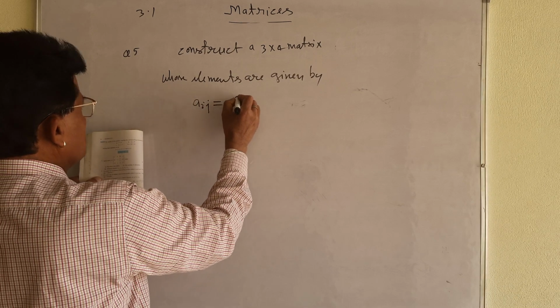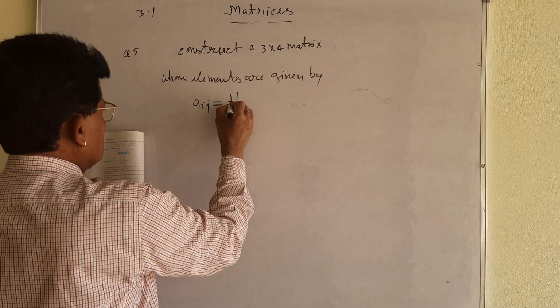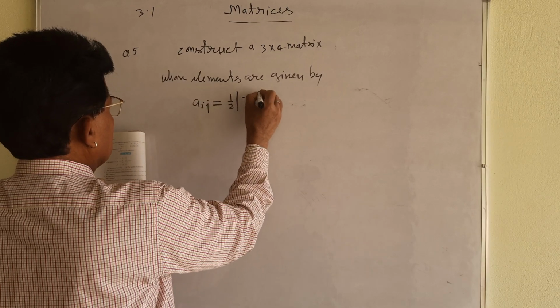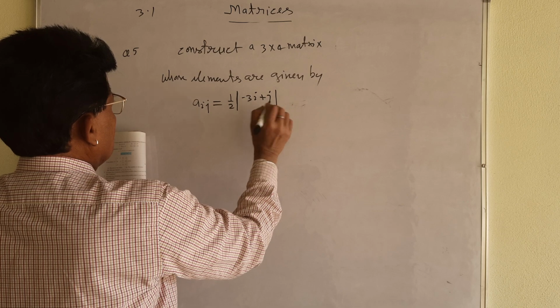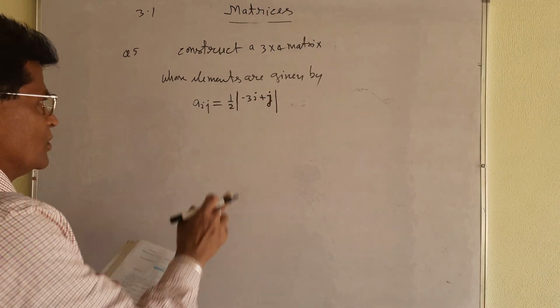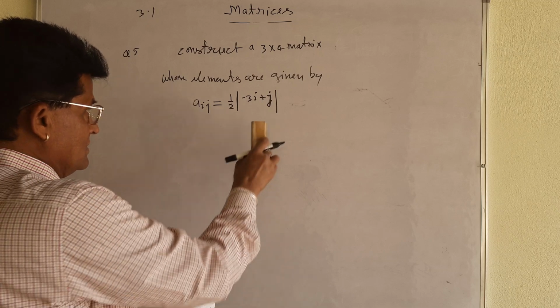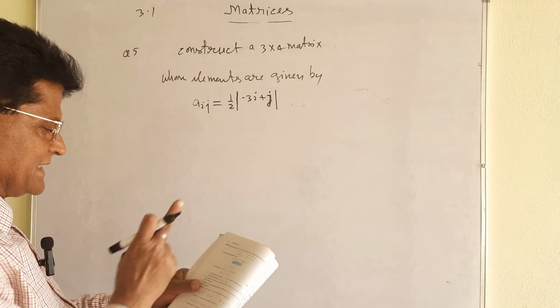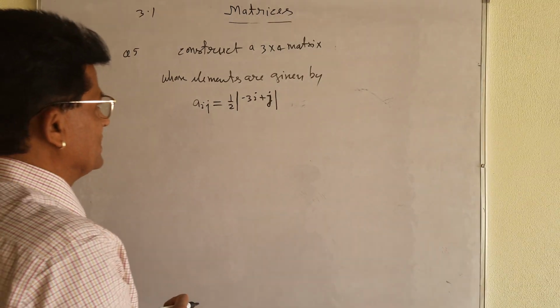It will be equal to, my dear student, 1 by 2, and this is the symbol of absolute value, minus 3 I plus j. Different question is there, that is why you see absolute value symbol is given. Question को you see the question carefully. This is the absolute symbol, that is why it is important.